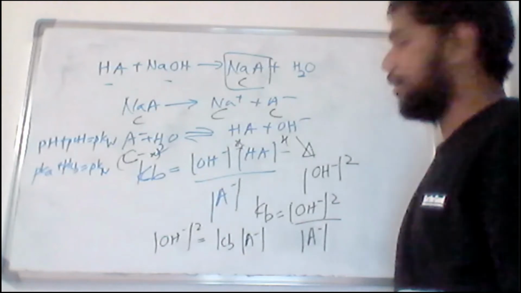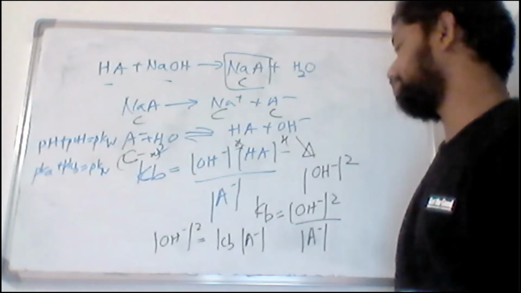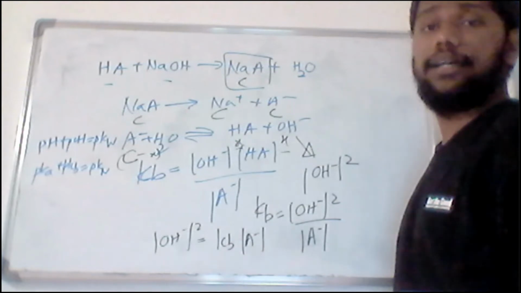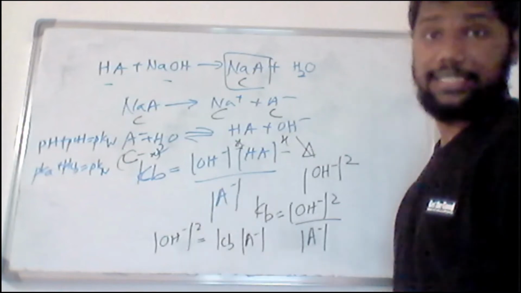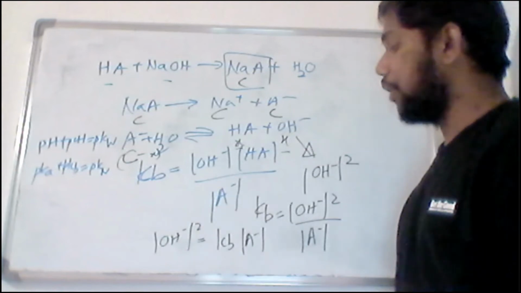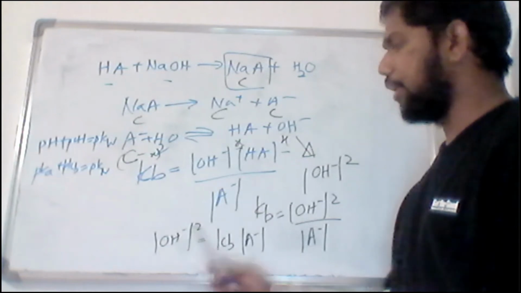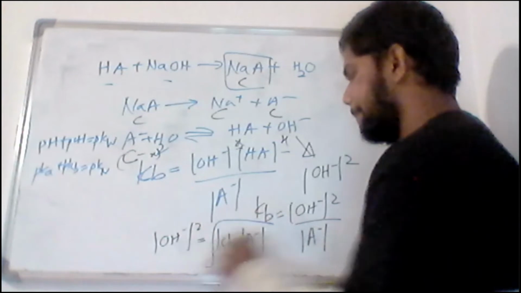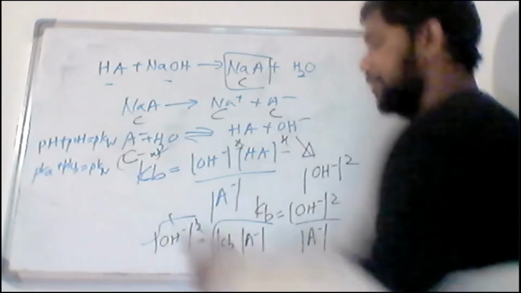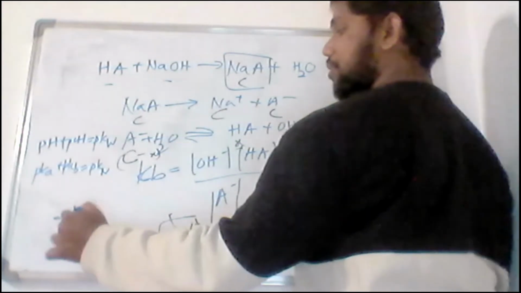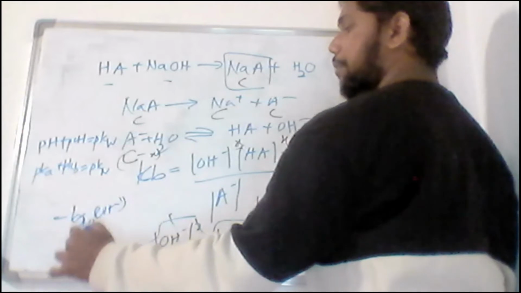Okay, then what I can do here is make this as pKb, or let's take this as pOH, in fact. How can I take this as pOH? The simple thing is that you can take the root here. So you will have OH minus concentration. Then you can take minus log base 10 of OH minus concentration, which will be my pOH.